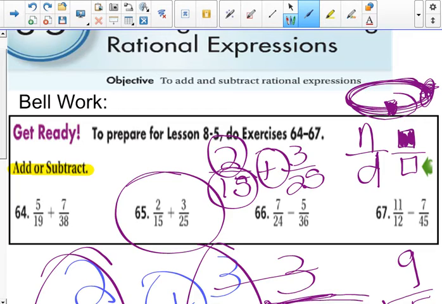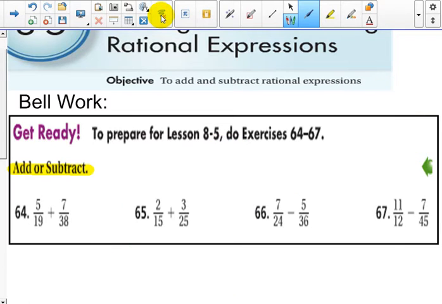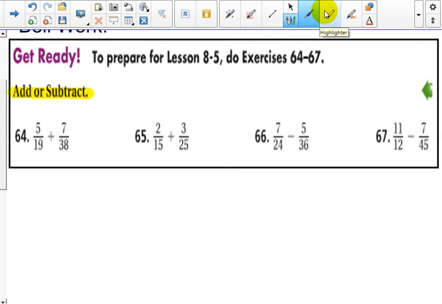And when you're out of that second function, press enter. And over on the right hand side, it should very nicely have your answer written out as 19/75. Is there anybody who didn't get that on their calculator?